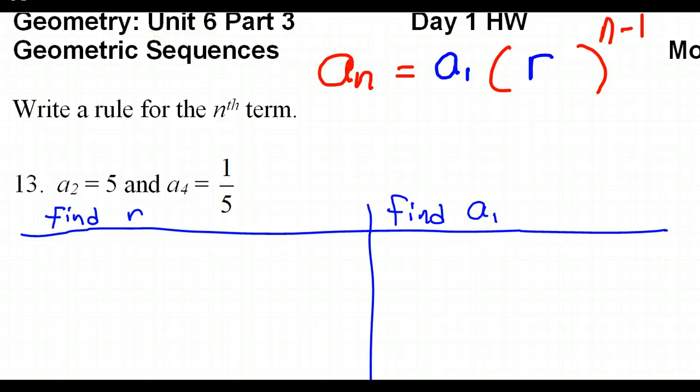Alright, so look, if you're not given A1 and you're not given R, we're going to have to modify this formula a little bit so that we can find R and we can find A1. So here's what I want you to do. Instead of writing AN, we're going to put A big. Instead of writing A1, we're going to put A small.